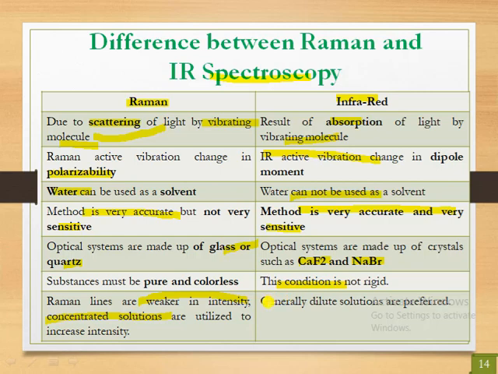But in IR it is the very opposite. Dilute solutions are preferred. You can't use concentrated solutions in IR. So this is the basic difference between IR and Raman spectroscopy.